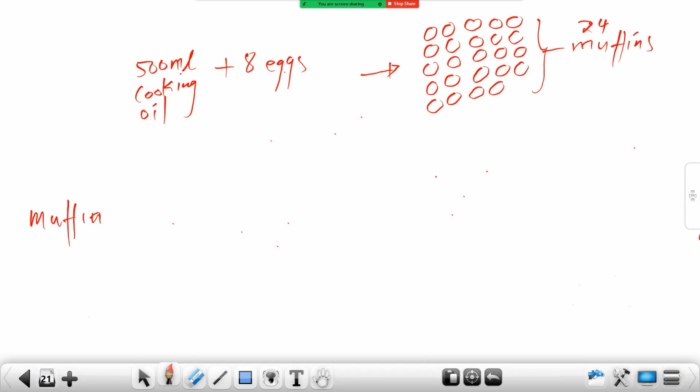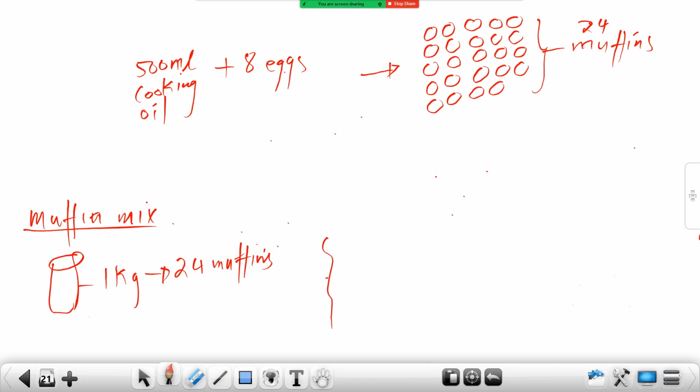So what do I know about the muffin mix? I know that one bag, which is 1 kg, gives me 24 muffins.